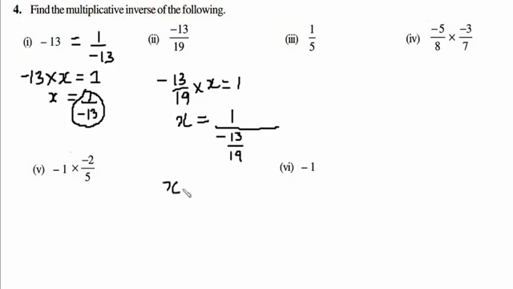So this is x equals to 1 over negative 13. This goes upwards and obviously it is getting multiplied here, 19. So the reciprocal or the multiplicative inverse in this case is 19 over negative 13. So the answer is 19 over negative 13.